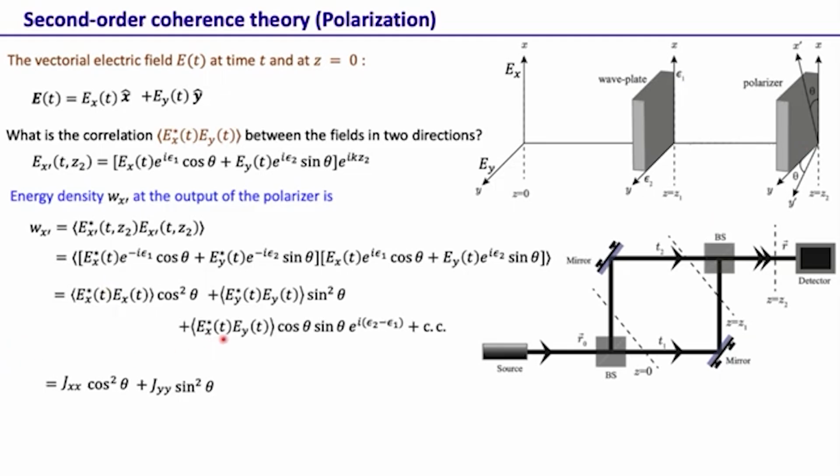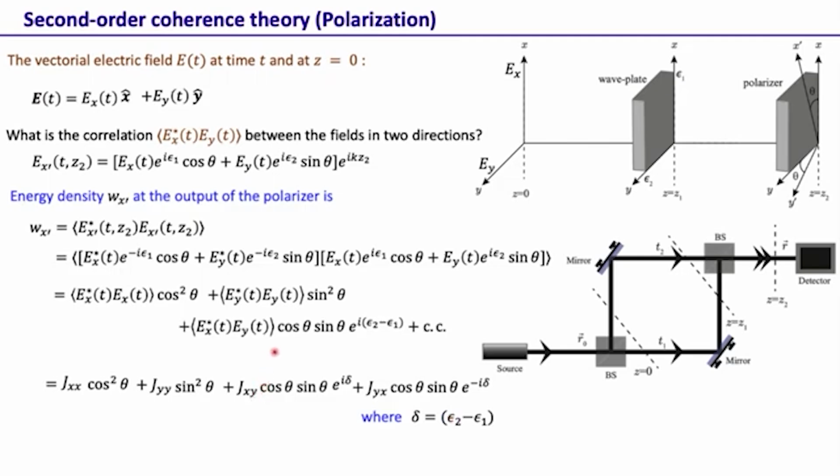And then E star x Ey, we are writing as Jxy, and then cosine theta sine theta e to the i delta, plus the other term, the complex conjugate term, is just Jyx cosine theta sine theta e to the minus i delta, where delta is epsilon 2 minus epsilon 1. So the energy density that we get at the output end of the polarizer is basically this.